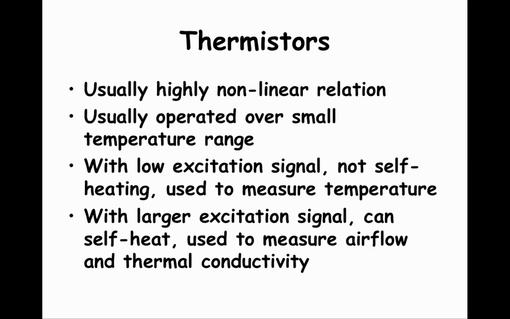Thermistor temperature coefficients are usually higher and nonlinear, so they are usually operated over small temperature ranges. Thermistors are commonly used when you need to measure small temperature differences over short temperature ranges. Low excitation signals are used to avoid self-heating when measuring temperatures.